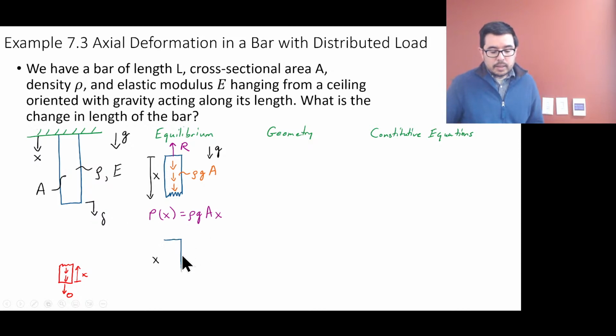When we integrate this term, we'll be able to figure out the total displacement of the bar, but we had to get to the constitutive equation. And these are supposed to equal out with each other.